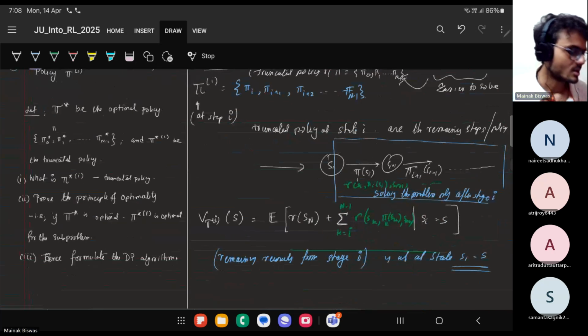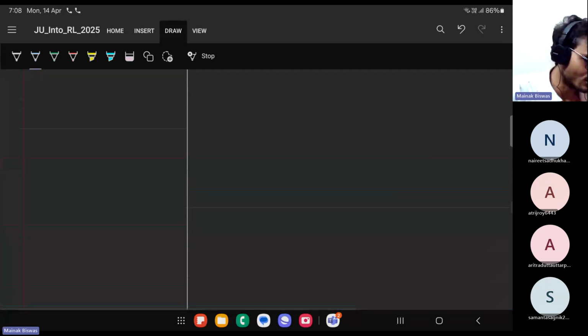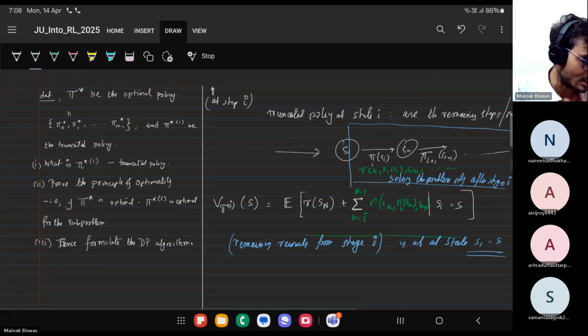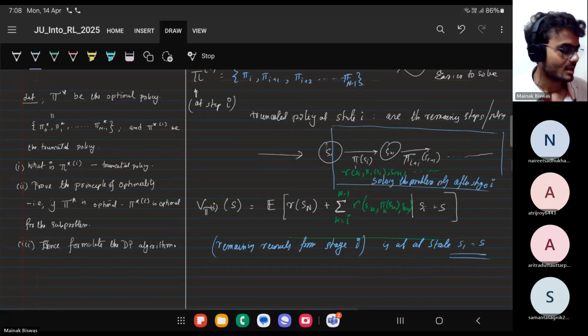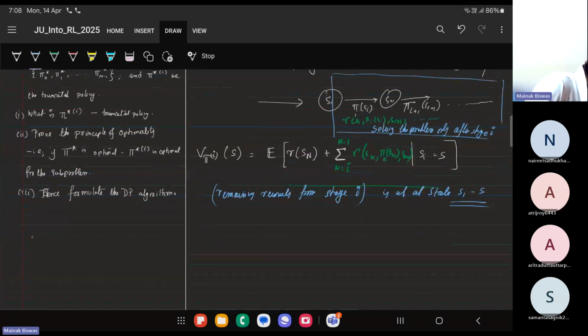So now I have a few questions. There are 3 questions and that will take around 30, 35, 40 minutes. So what are the questions? The question says: what is the truncated optimal policy? Say it is given to you that pi star is an optimal policy.